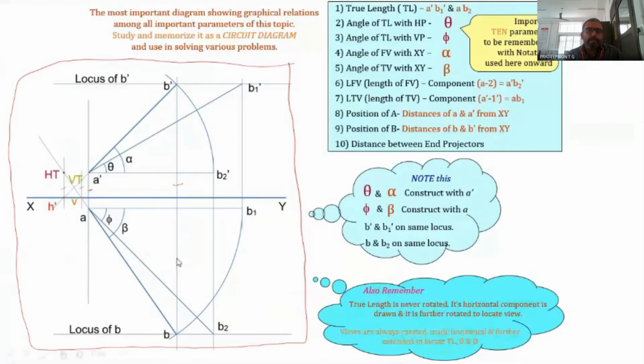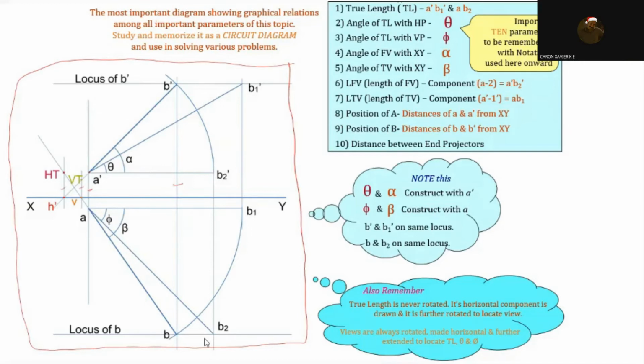So see, B dash, B2 dash, it is in the circular fashion, and here it is B2, B2, it is moving in the horizontal fashion. So any doubts? If there are no doubts, we will move on to the exercises.